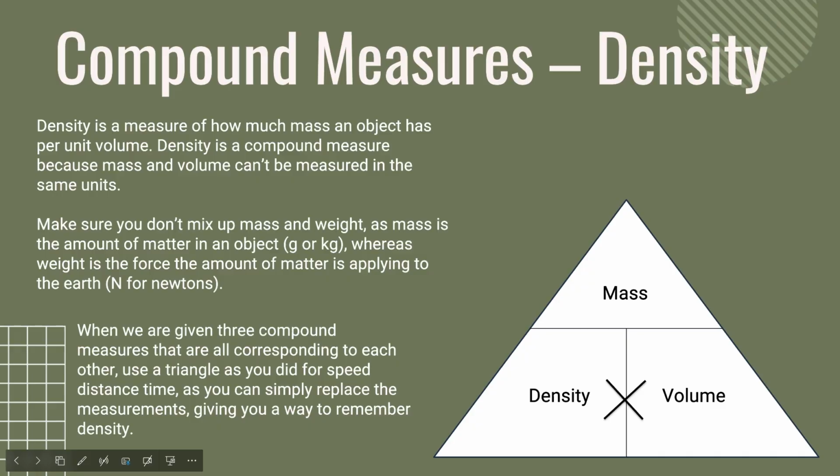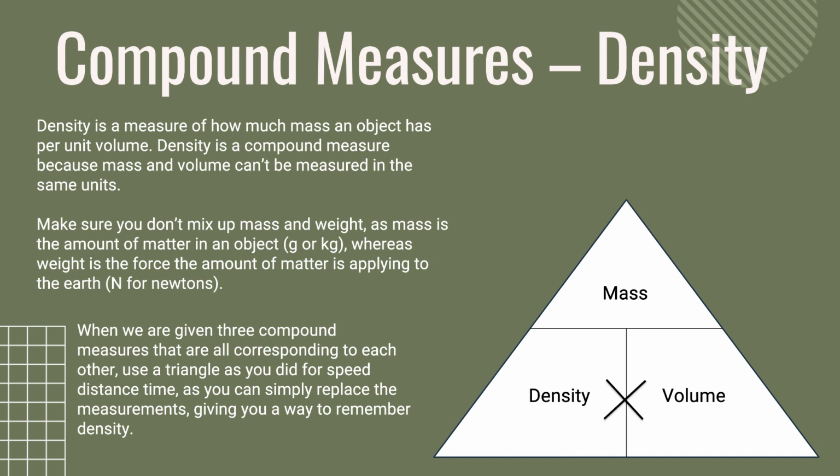There's another compound measure you need to know about, and this is density. Density is a measure of how much mass an object has per unit volume. Density is a compound measure because mass and volume can't be measured in the same units. Make sure you don't mix up mass and weight, as mass is the amount of matter in an object, measured in grams or kilograms, whereas weight is the force the amount of matter applies to the earth, measured in newtons.